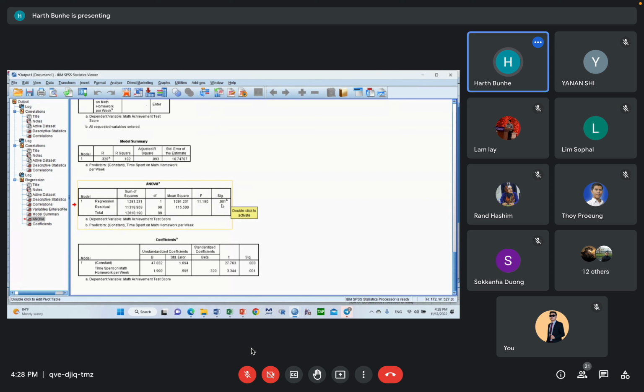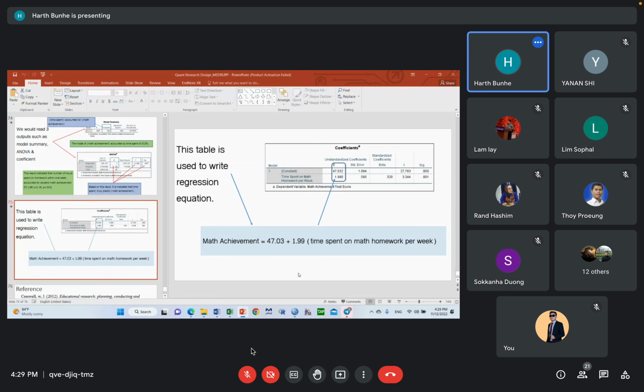But if here it's not significant, it means that this model cannot predict. And when you want to write an equation, you use this table. Here it's called the slope, and here is the intercept. You use these numbers to write the equation here, as you see.